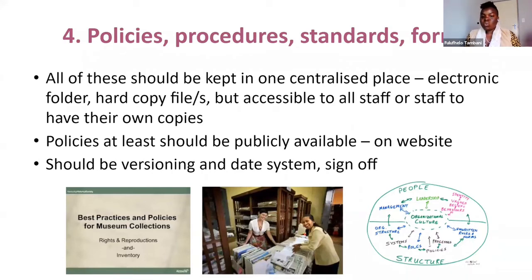But you also need to decide on the sign-off process. Whoever starts a document, who signs it off from that person, who goes on to do the final sign-off. So you need to decide on that. Next slide.